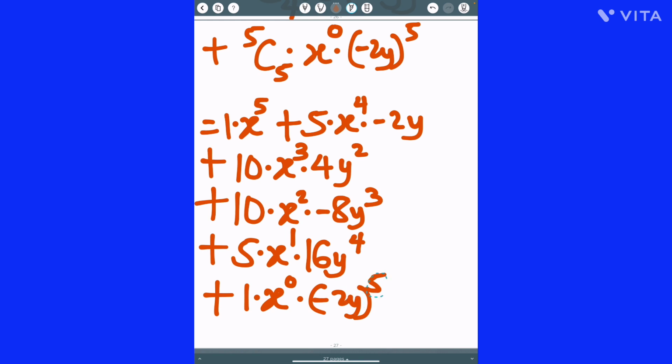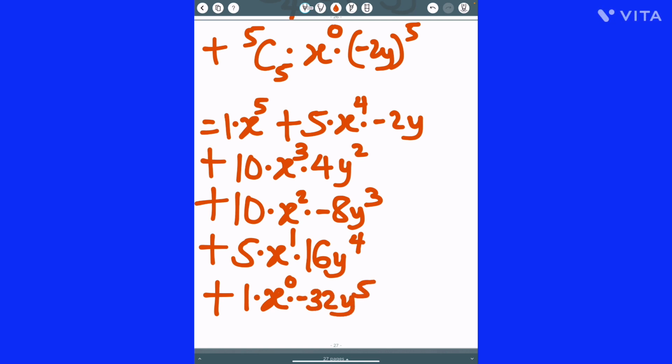Then y raised to power 5 is y raised to power 5. So I'm supposed to have minus 32 y raised to power 5. Let me write that much closer: minus 32 y raised to power 5.